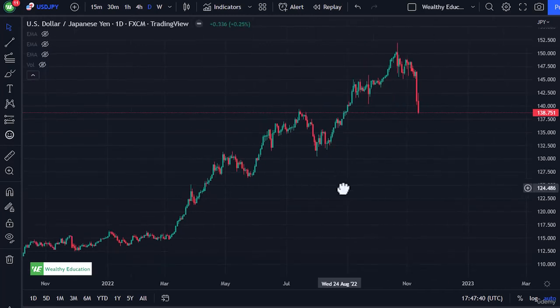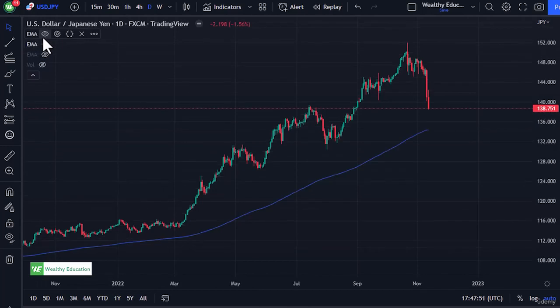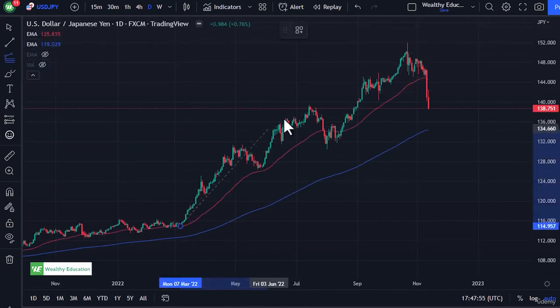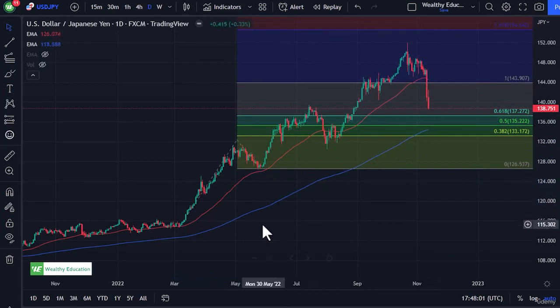It's like anything else. It's like building a house. The more components you have of stability, the better off you're going to be. So if you have moving averages, you have Fibonacci, all moving in your favor, then yes, you have a real shot at being successful.